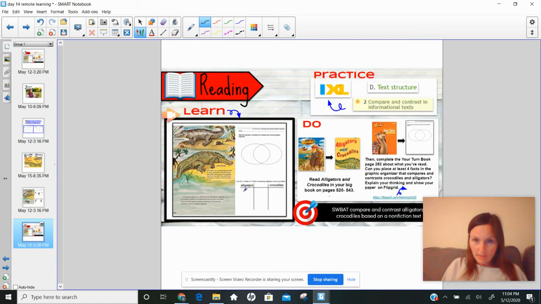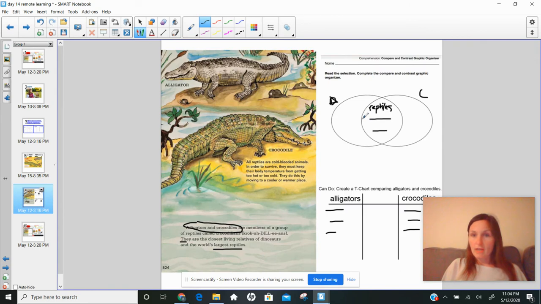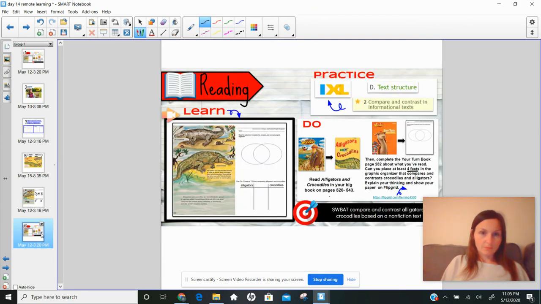On here, I said at least 4 facts in the graphic organizer. So I was able to write 3 things right here just on this first page. So I think it would be something that you can definitely do. I would suggest doing 4 on this side and 4 on this side, and then 4 in the middle if you can.